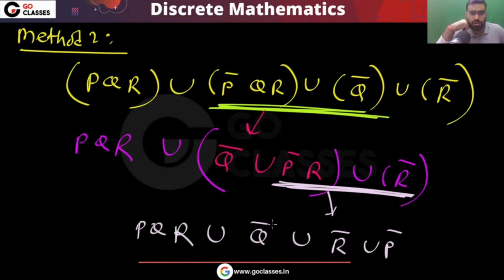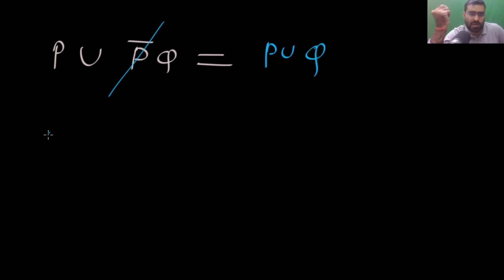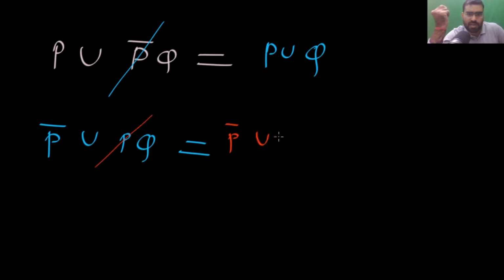Now using these two you can remove this Q. See, this rule is actually very simple. You think like this: P union P bar Q, basically you can remove this P bar. Similarly, P bar union PQ, basically you can remove this P.